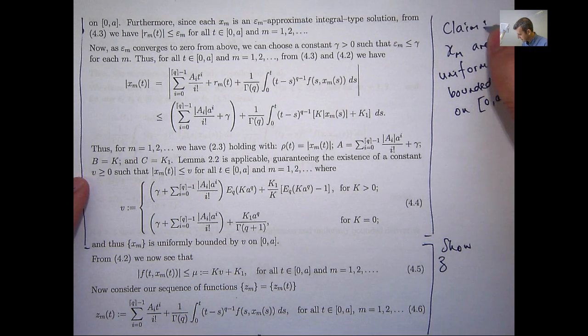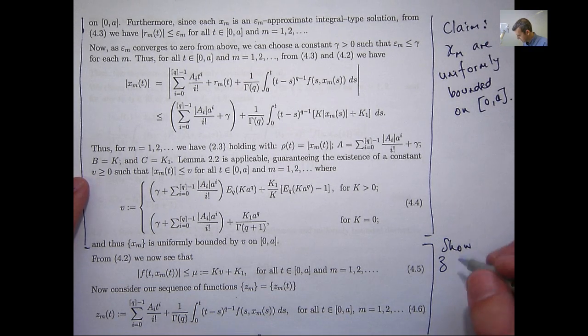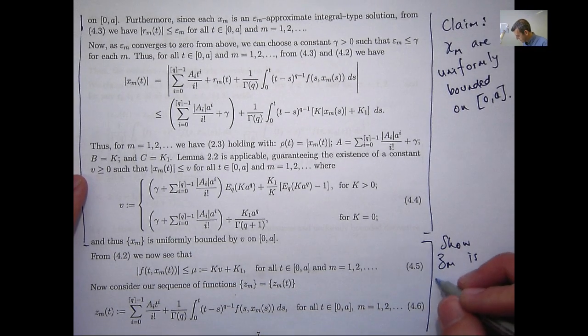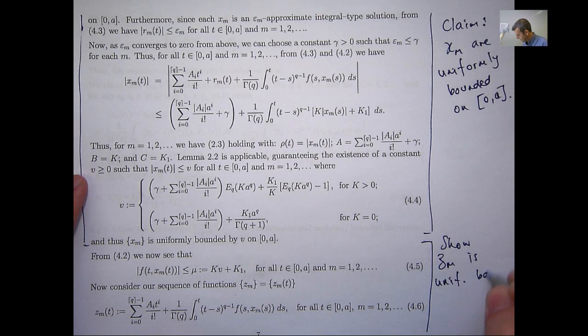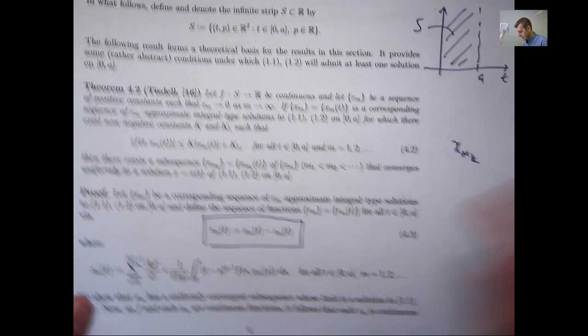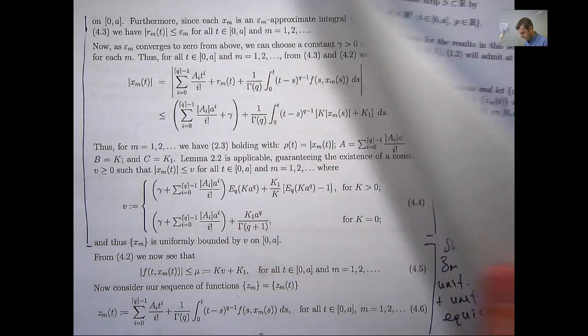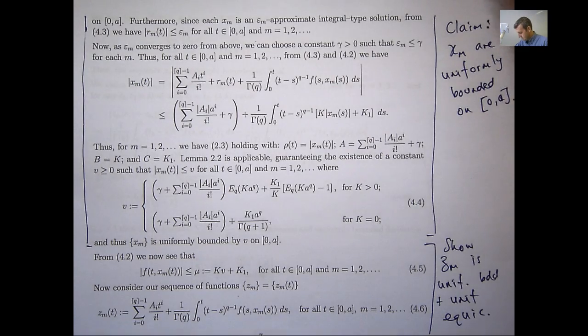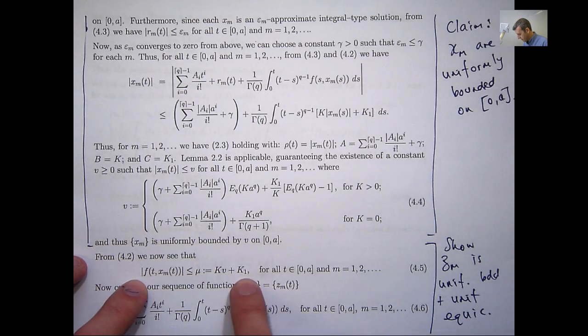So I guess that's a claim here, and now we're going to show that Z sub m is uniformly bounded and uniformly equicontinuous. All right, well, from this assumption, we can come up with the following.